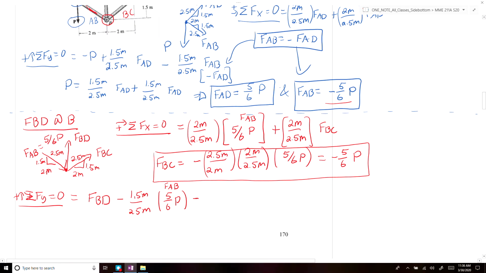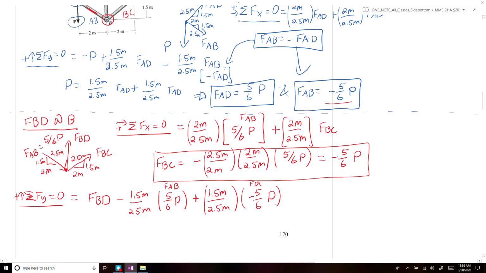Plus the y component of FBC, which is equal to 1.5 meters over 2.5 meters times the magnitude of FBC, which is equal to negative 5/6 P.